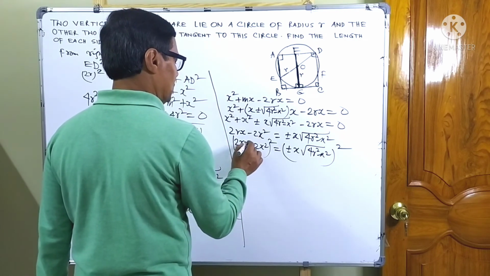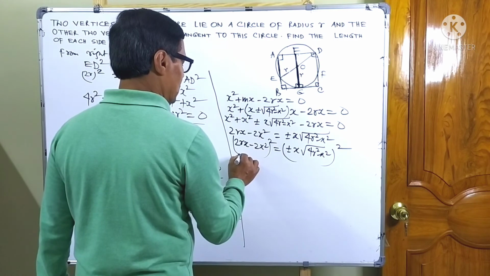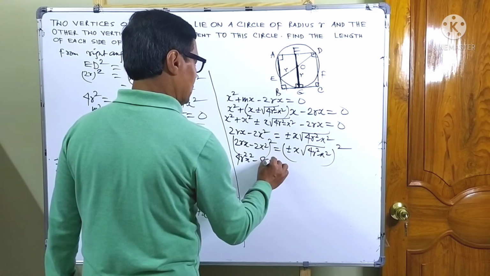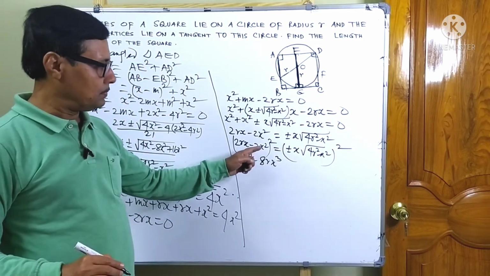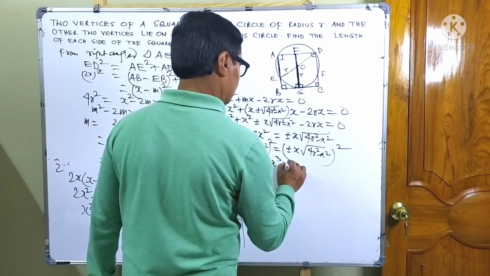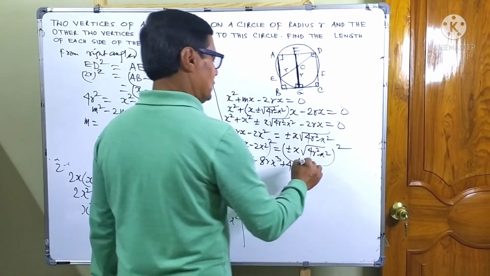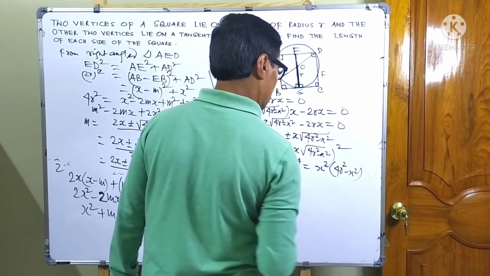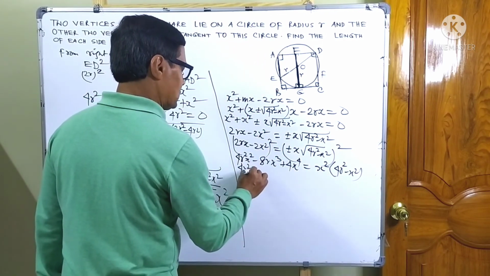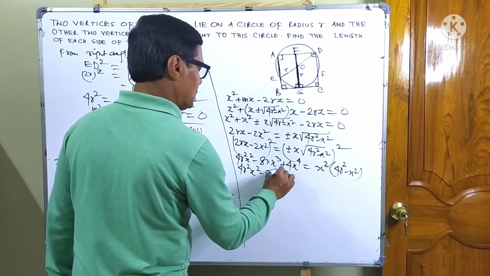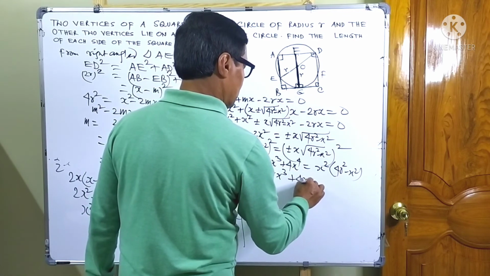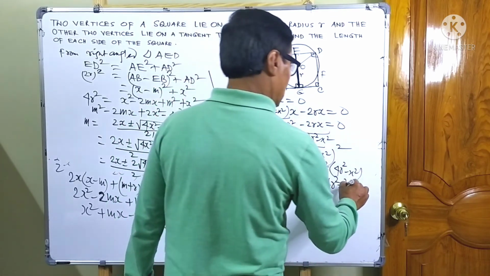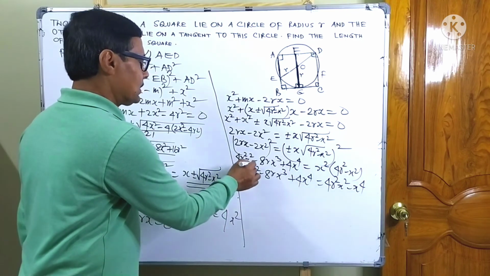After expanding, we get 4r square x square minus 8r x cube plus 4x to the power 4 is equal to 4r square x square minus x to the power 4. These are cancelled out.